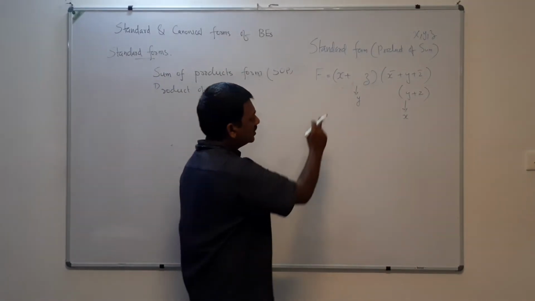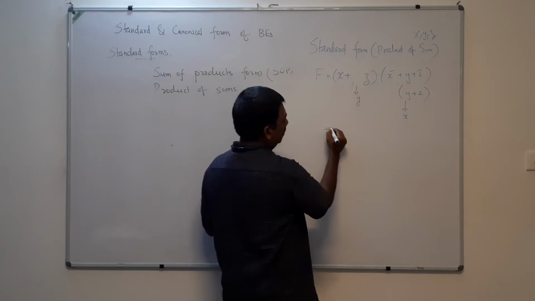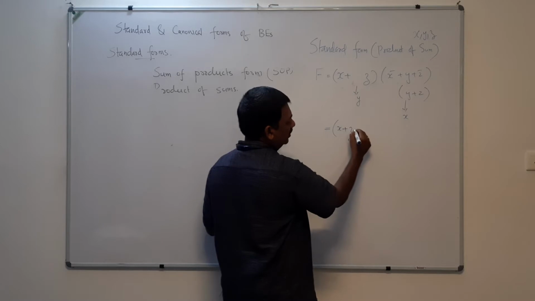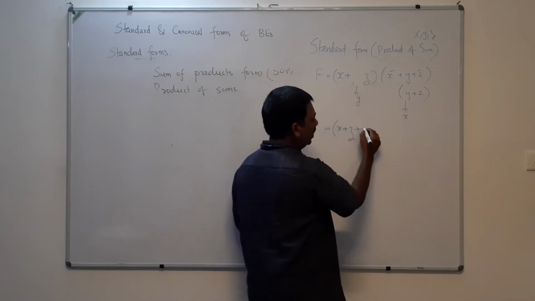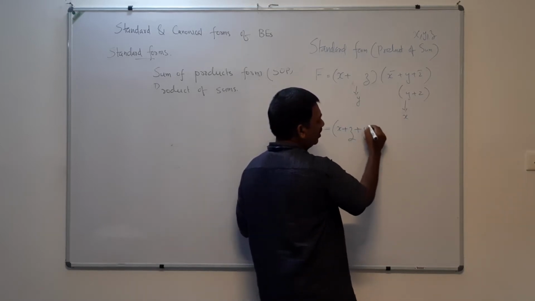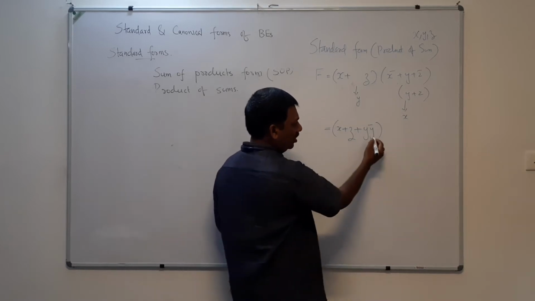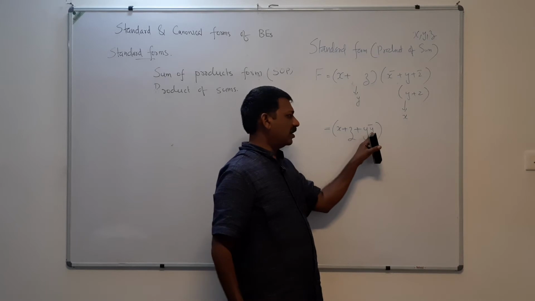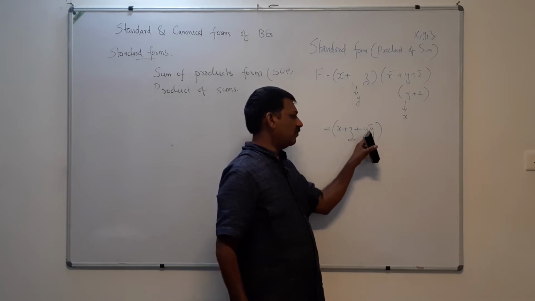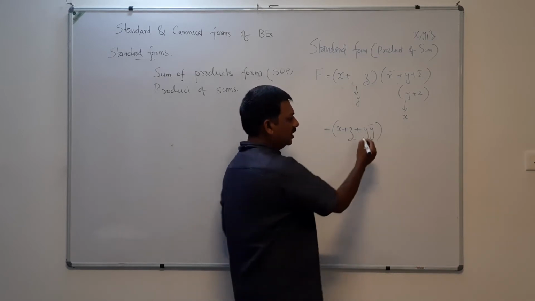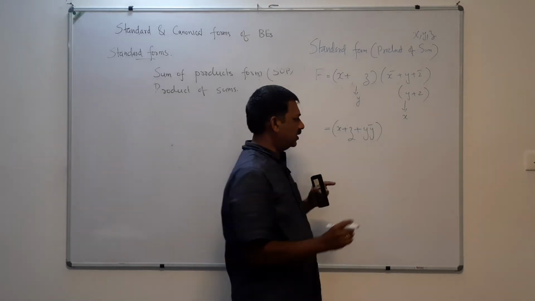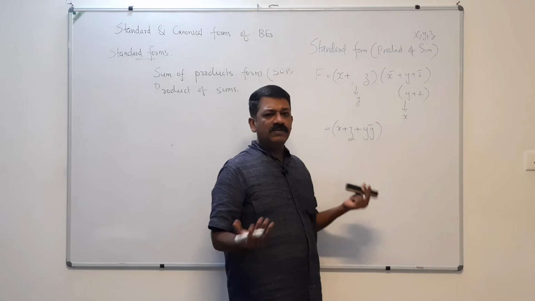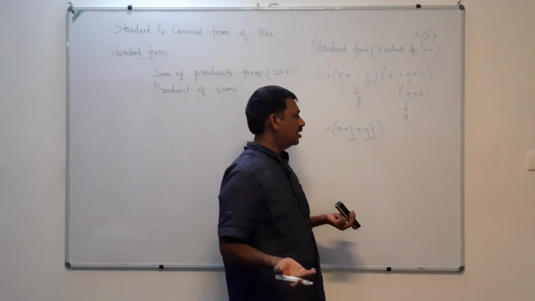now here this is equal to x plus z, and you're going to add y bar to this. As you know, y into y bar is 0. If y is 0, y bar is 1, and if y is 1, y bar is 0. That means anyway this is 1 into 0, which is 0. That means adding this y bar doesn't make any change to the result.